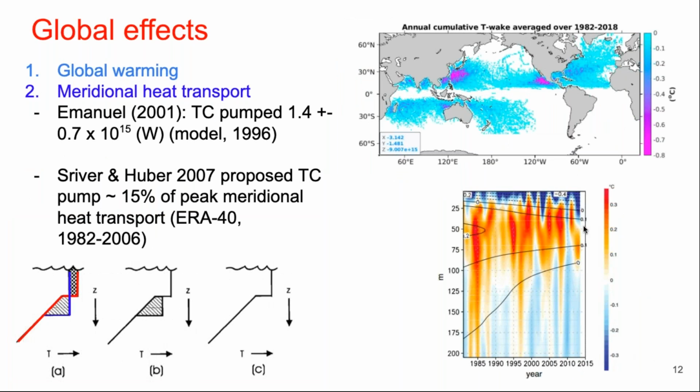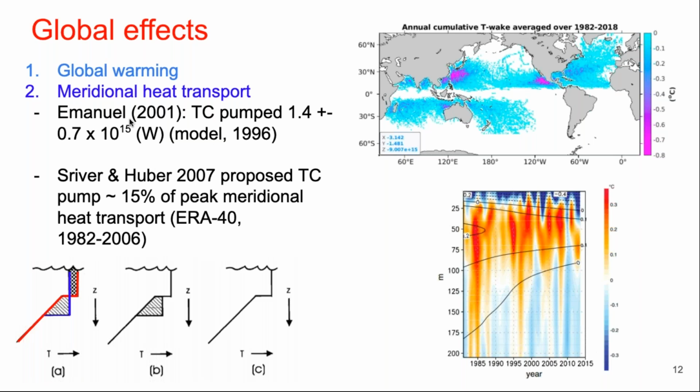So the second global effect that it may have, as suggested by Nguyen in 2001, is that the TC-induced heat pumped down will ultimately be transported forward, and he found that this amount of heat pump can reach about 1 petawatt, based on a coupled model for the year 1996.